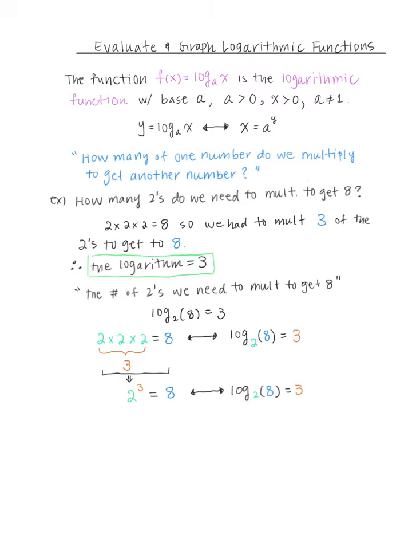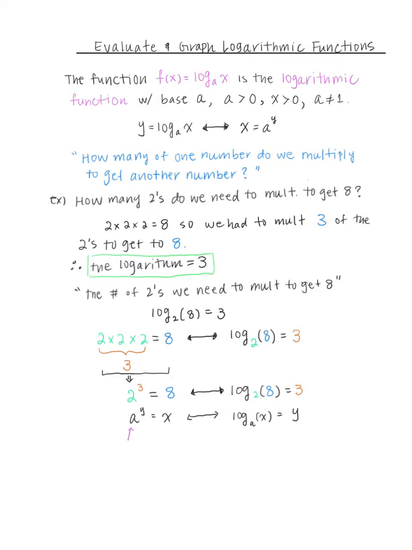If we go back to the formal definition we wrote earlier, remember we had a to the y equals x. I'm changing the order a little bit. This is equivalent to y equals log base a of x.